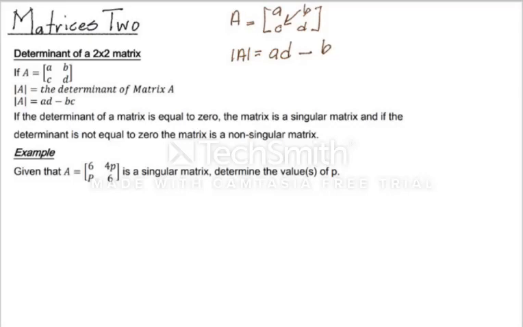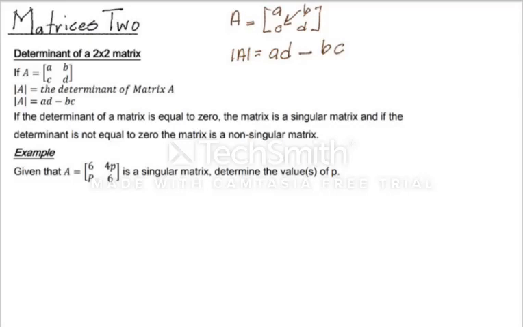So the determinant of A would be A times D. You multiply the two leading diagonal elements, minus the product of the two lagging diagonal elements.